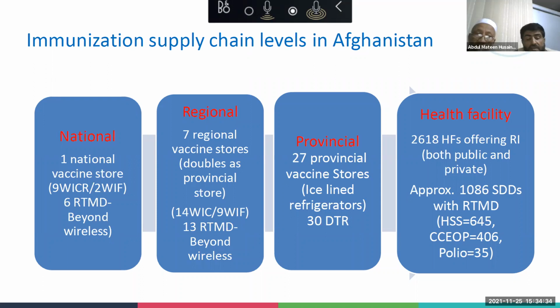We are chartering flights from Dubai to Afghanistan, and this is very costly. This was my general concern. Now I would like to give the floor to Mr. Mateen, our national cold chain manager, to explain the Afghanistan context.